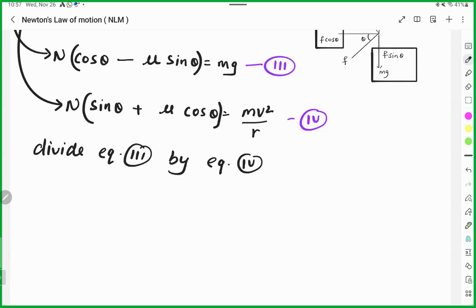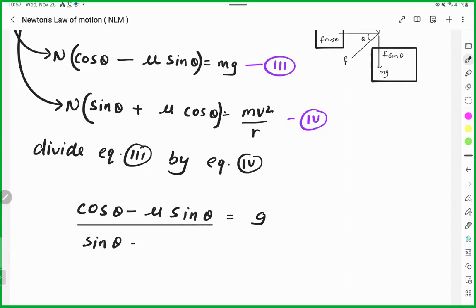What will happen? Normal will be cancelled out. M will be cancelled out. Above you have cos theta minus mu sin theta is equal to g, and below you have sin theta plus mu cos theta is equal to v square by r.